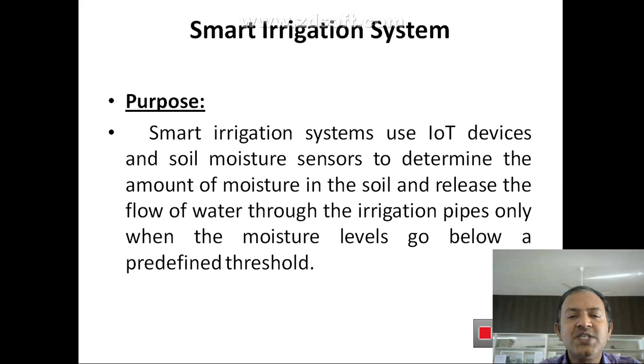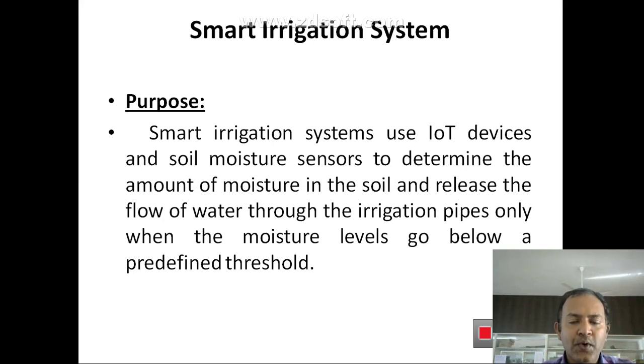You have to mention some values. For example, out of 10, if you set a value of 5, it means the moisture level is in dry conditions, and then it will pour water onto your agriculture land.